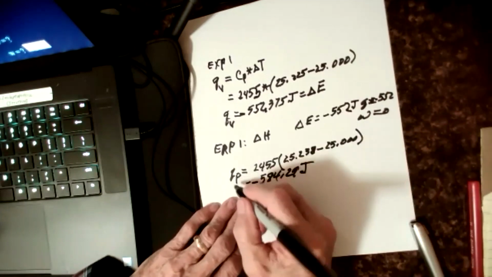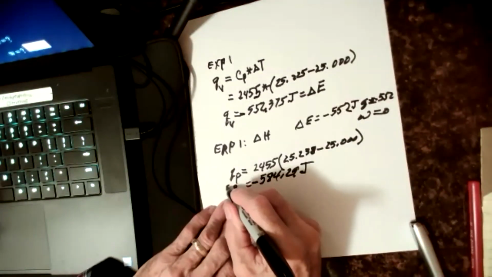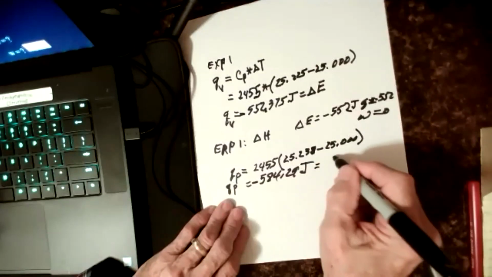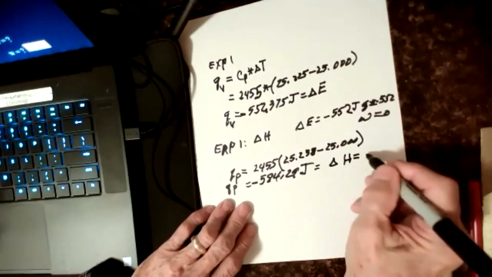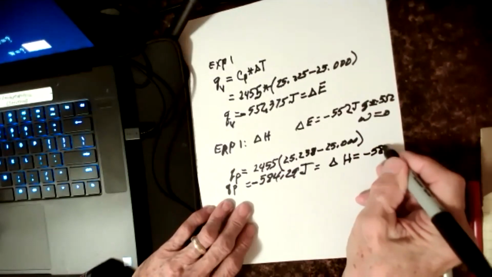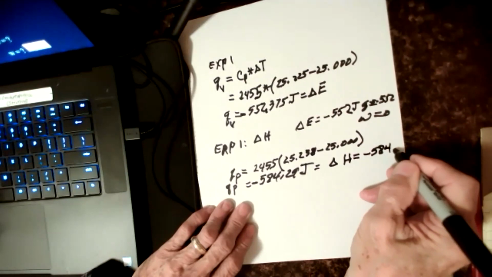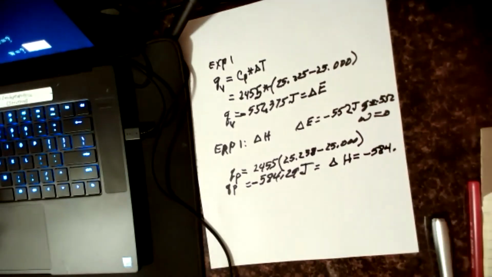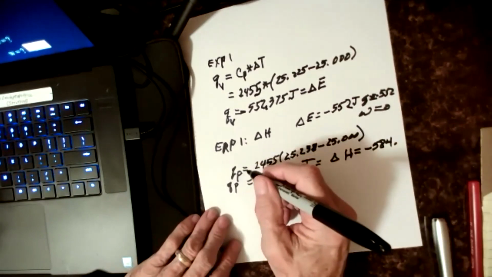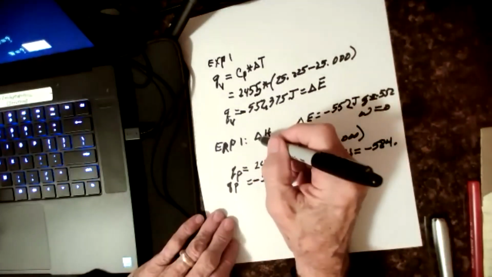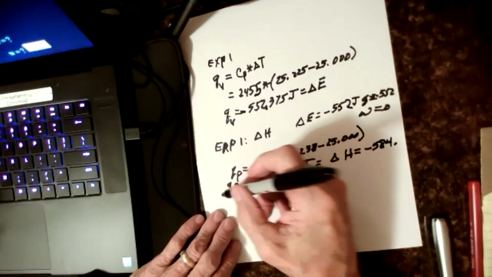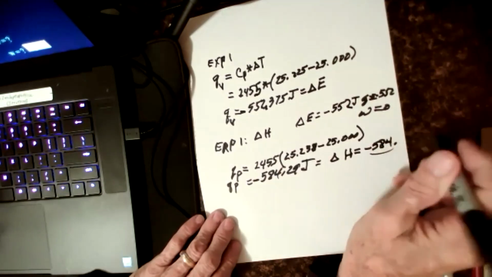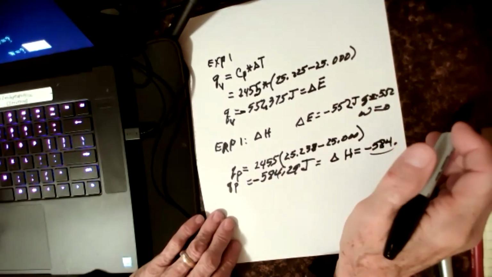And now Q at constant pressure is equal to delta H. So delta H is also minus 584 joules. Okay, so now I can get all of my answers because delta H is a state function. I measure it in the second experiment, and in the second experiment, it's minus 584.